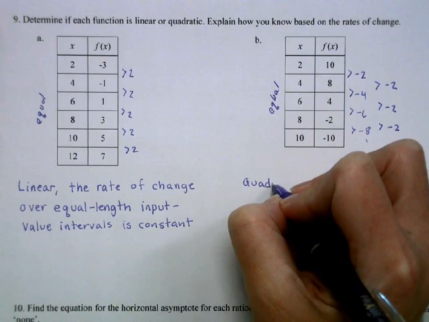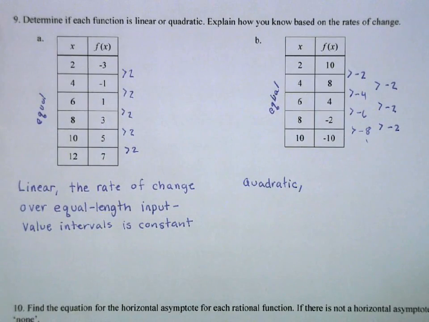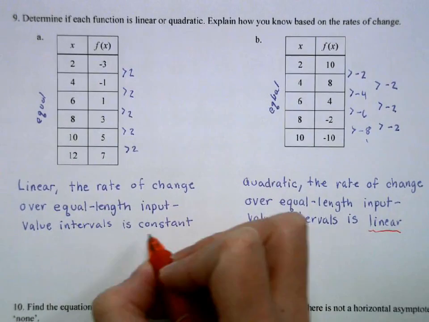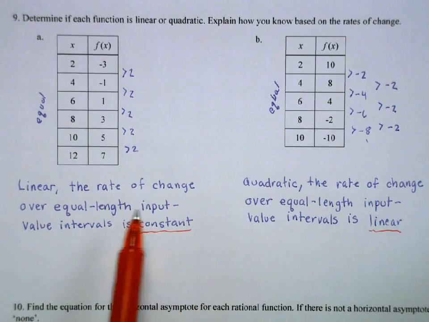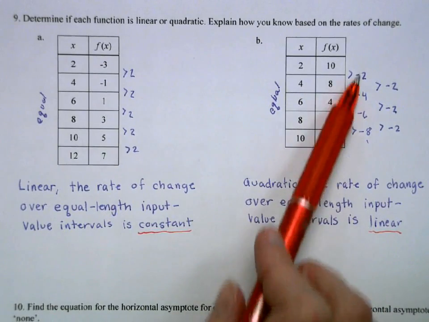And then again, I'll write out our explanation. Okay, so our justification here is the rate of change over equal length input value intervals is linear. So the difference is if it's constant versus linear, meaning these form a line, they go up by a certain amount.